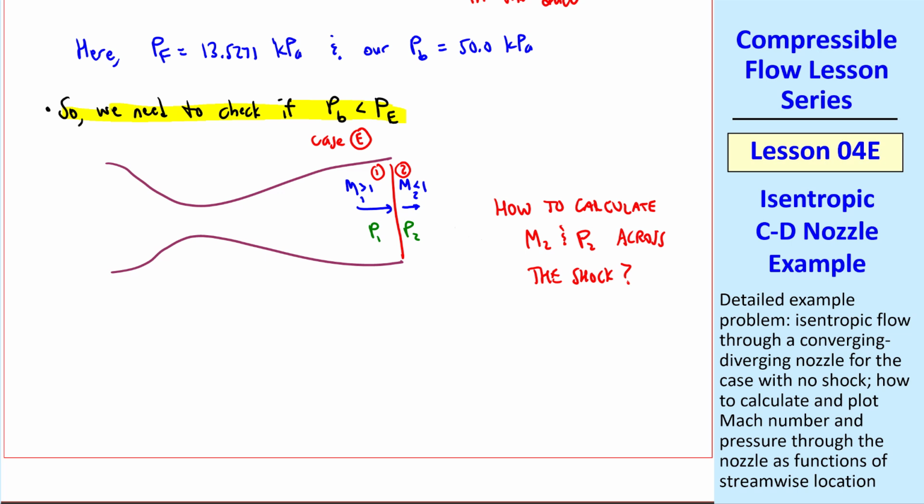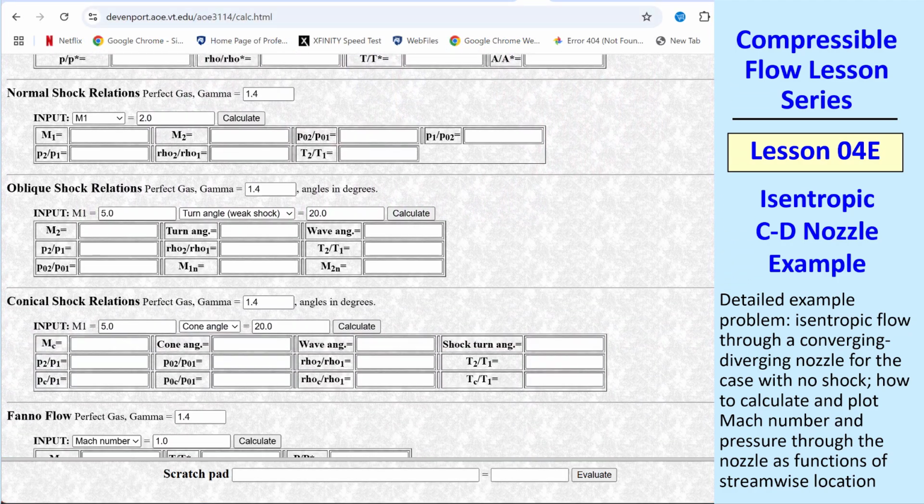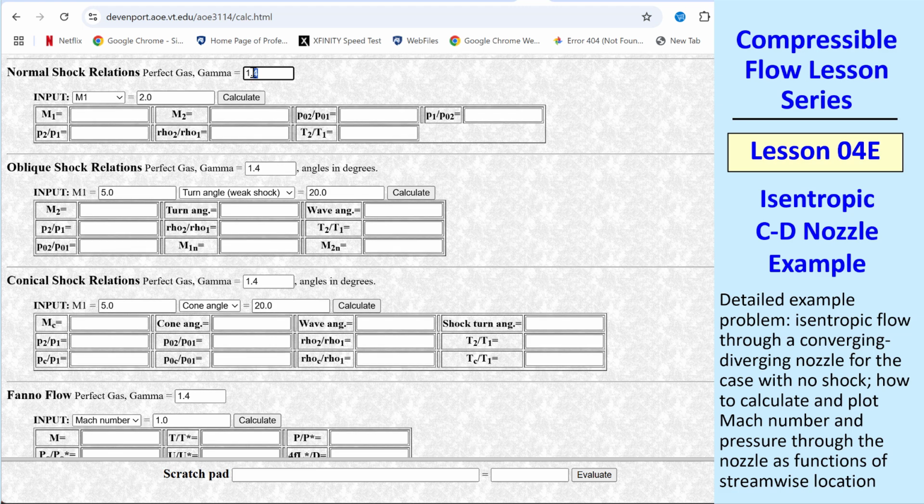Well, we'll discuss shocks later in the course, and I'll show you the equations we use. For now, we'll use the compressible aerodynamics calculator, which I showed you previously online. I'll scroll down to the normal shock relations. Gamma of 1.4 is for air, so that's good.